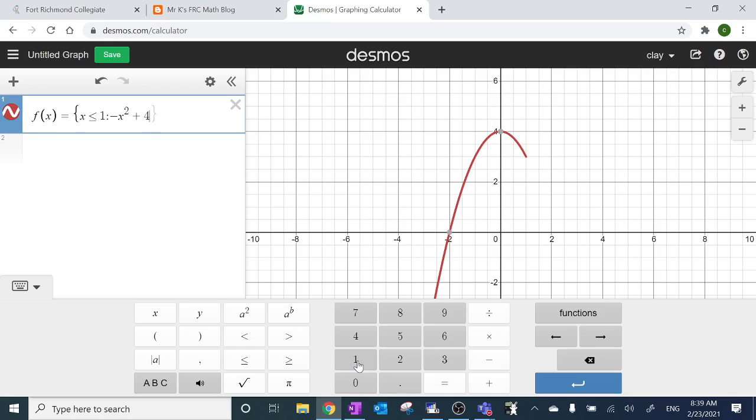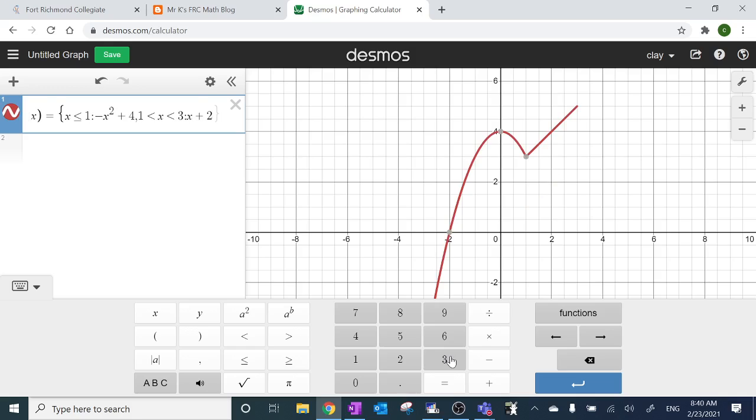Then you put a comma, and then you just keep typing. So the next restriction is x has to be between 1 and 3. So I have to go 1 less than x less than 3. Oops, hang on. I didn't do that right. Less than, there we go. 3. Okay, and then colon. And then this was the equation x plus 2.